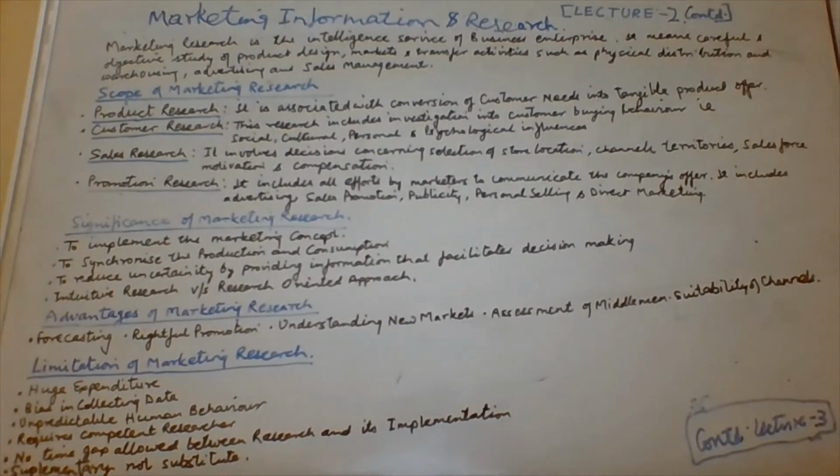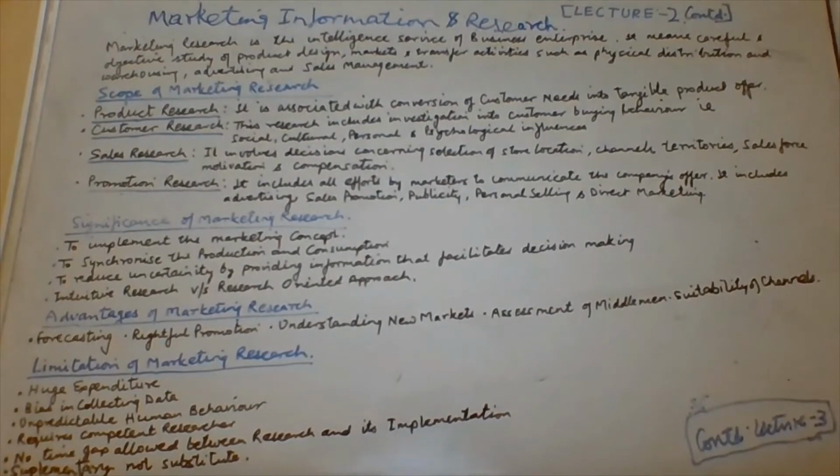No time gap allowed between research and its implementation. This is one of the most important limitations, because all research is subject to a certain problem which is prevailing. So there should not be any gap between the research and its implementation.